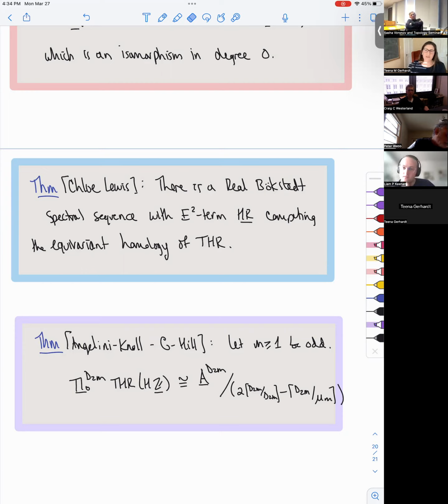And then you do want things to be Tambara functors in order to have things work out nicely. But I don't have a good answer for whether Tambara functors in the more general sense give you extra things that are nice. I'm not sure. Thank you.